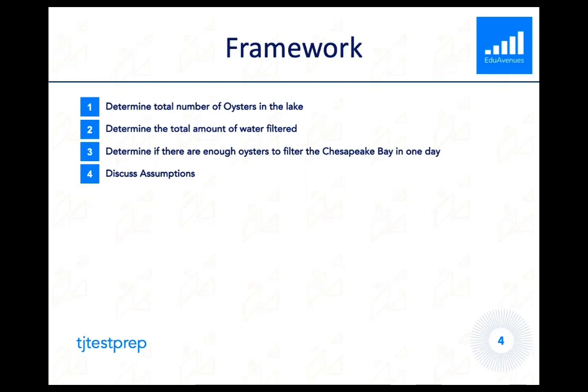And for step 3, we can compare the value from step 2 to 18 trillion gallons, which is the size of the lake, and determine is it higher or is it lower, and that would tell us whether or not the oysters can filter the whole lake. And lastly, for step 4, we can discuss any assumptions. And these are basically contextual elements that we can discuss to strengthen our understanding of our analysis.